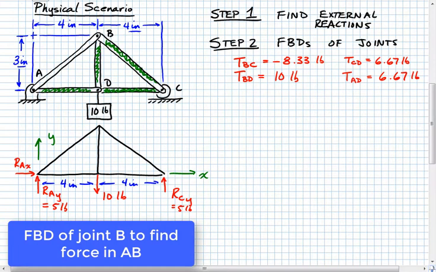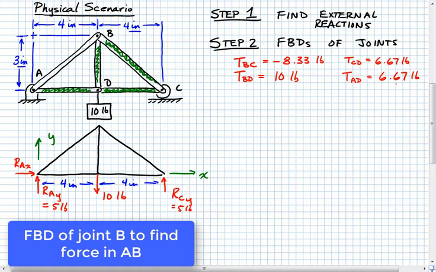So now we have some more information about this truss. We know that the tension in BD is 10 pounds, and we know that the tension in AD is 6.67 pounds. And so really the only other member that we need to solve for is member AB.